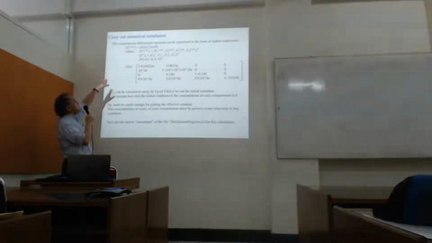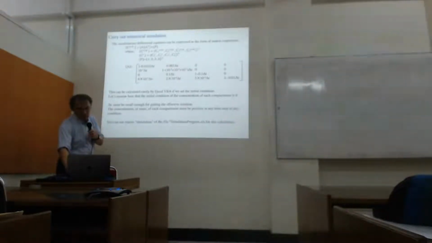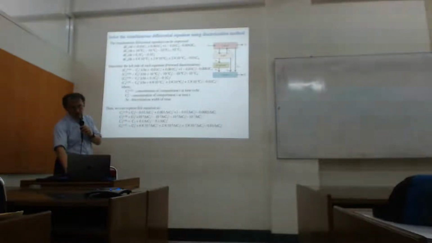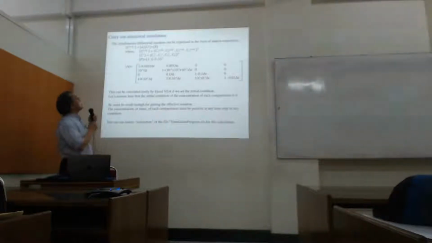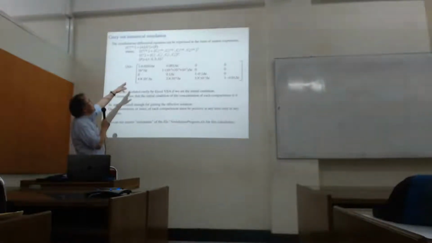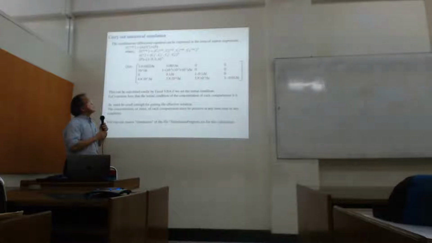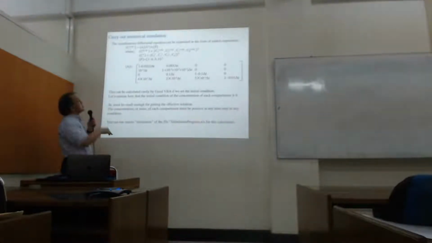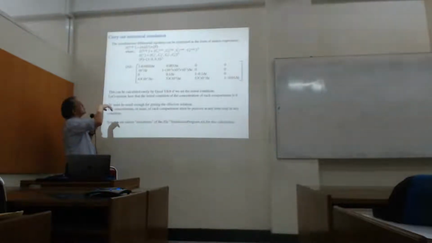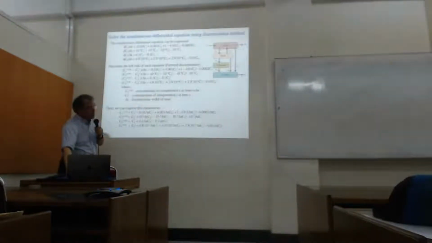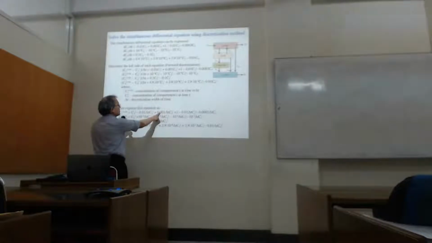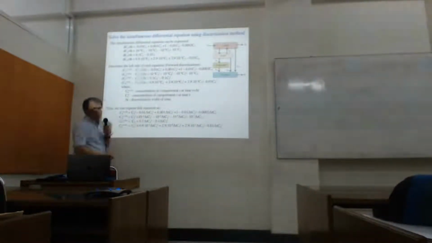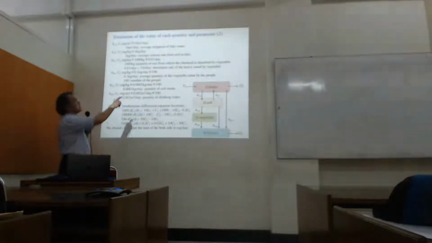C(t plus delta t) is a vector. C(t plus delta t) equals A times C(t) plus p. In this case, C(t) is the vector of concentrations, and p is just the input values. Now, p appears only in the first equation.